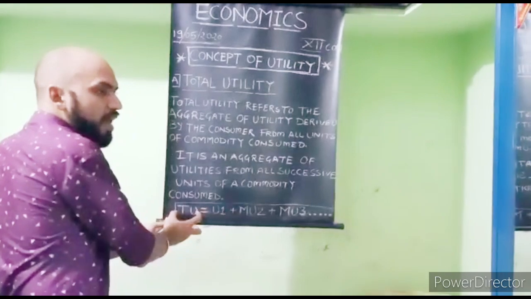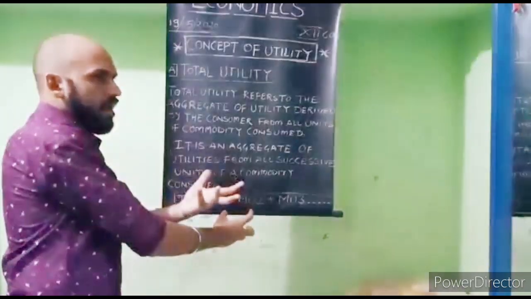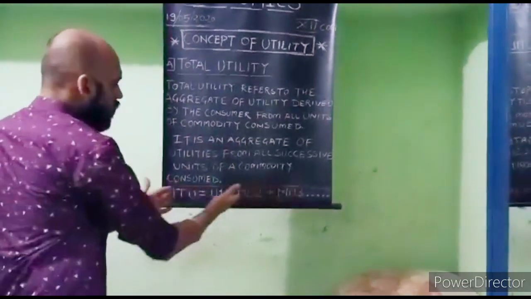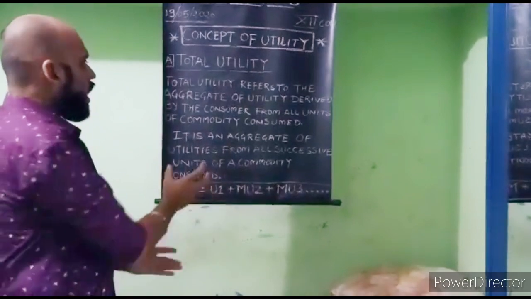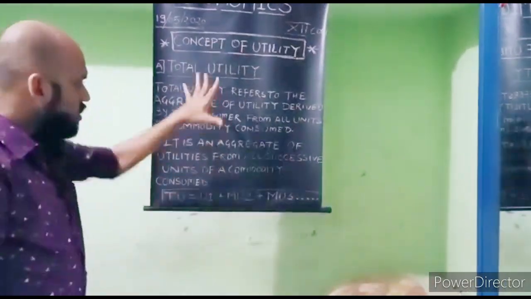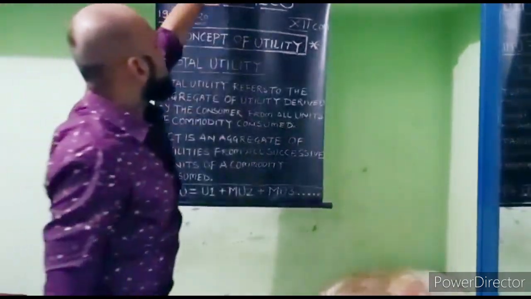So total utility is calculated as first utility 10, second utility 9, then 8, whatever, and all will be added together to become total utility. Hope you have understood. So it is written. Now the second concept, part B, we will discuss just now.